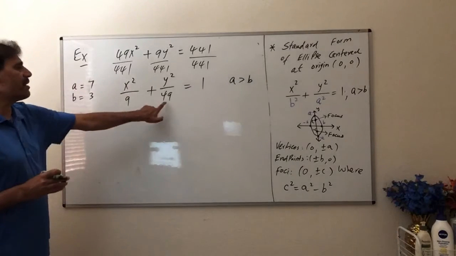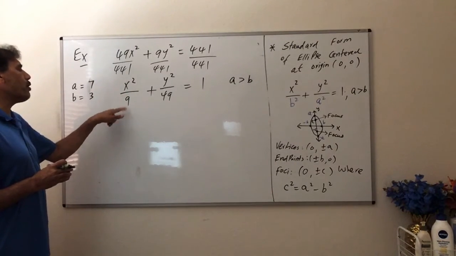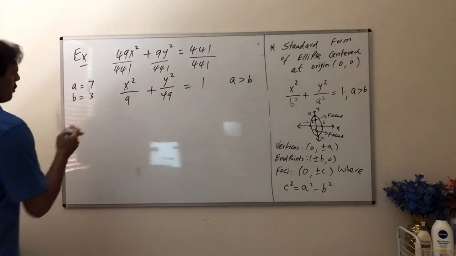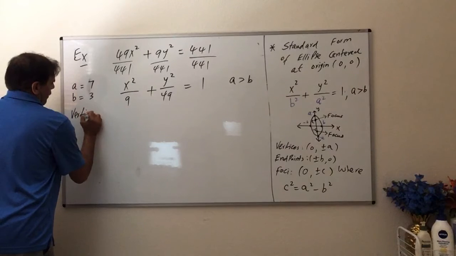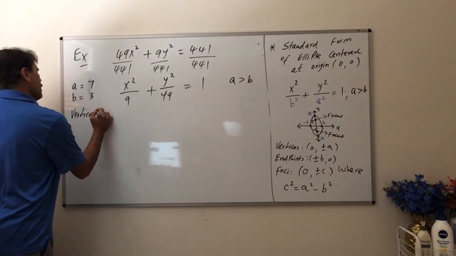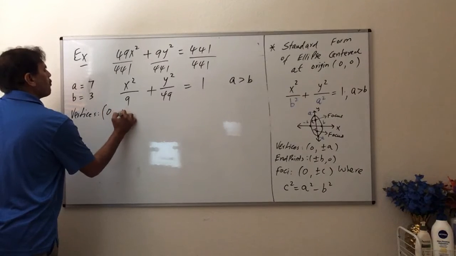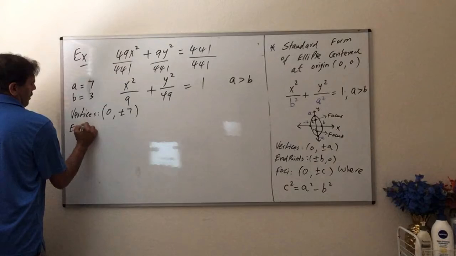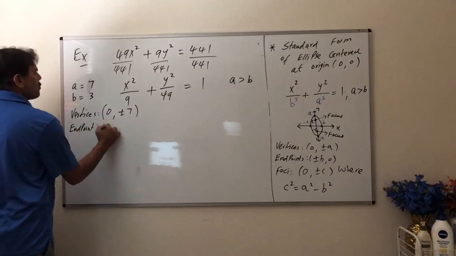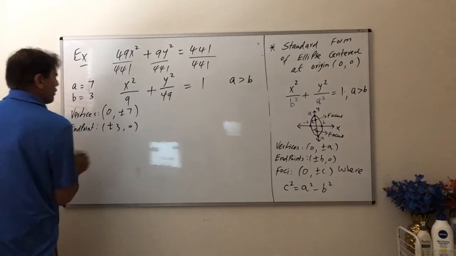So a is 7 and b is 3 because the square root of 9 is 3. So here are the vertices. This one is stretching along the y-axis, so these are the y-intercepts: 0, comma, plus minus 7. Here are the endpoints of the minor axis, which are the x-intercepts: plus minus 3, comma 0.